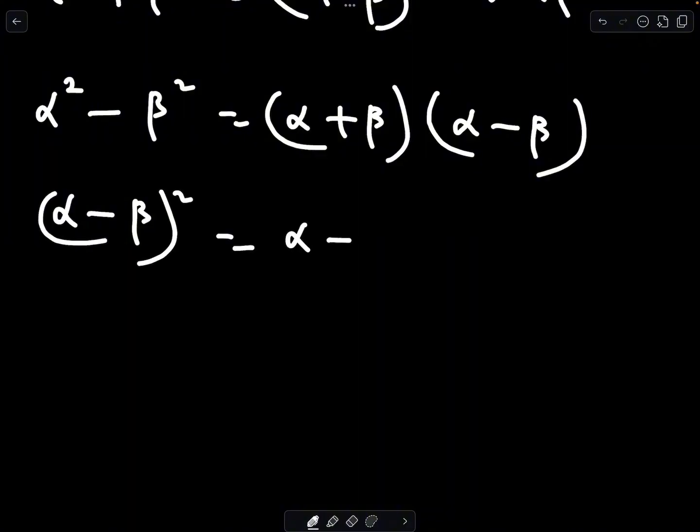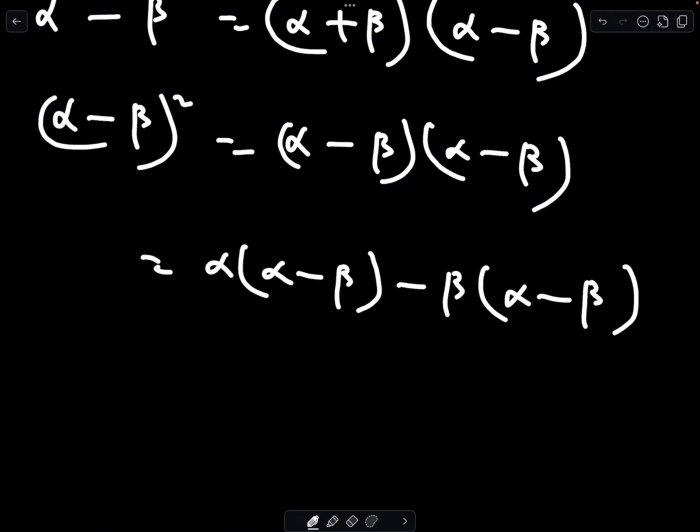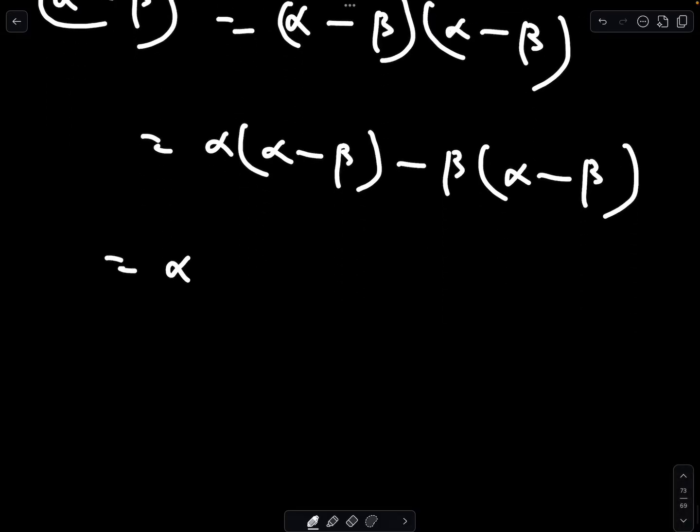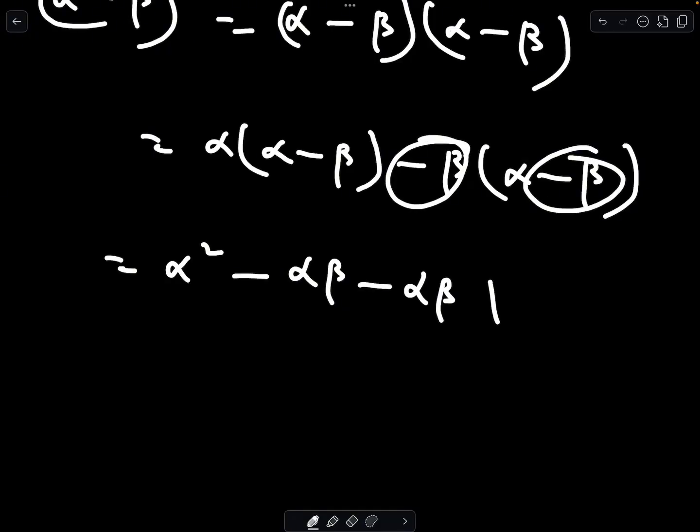The square of alpha minus beta is alpha minus beta times alpha minus beta, which is alpha into bracket alpha minus beta, minus beta into bracket alpha minus beta. That equals alpha square minus alpha beta. Now here, minus beta times alpha, I can write as minus alpha beta, and then minus beta times minus beta will be plus beta square.